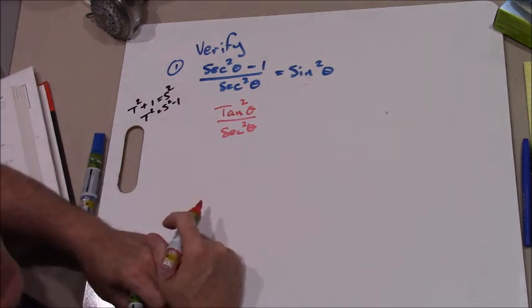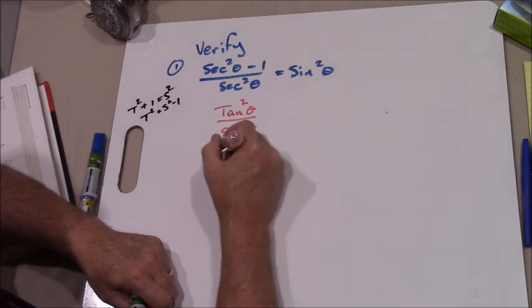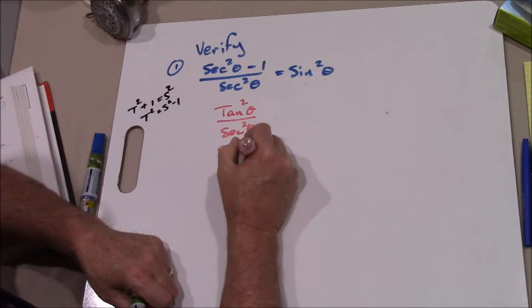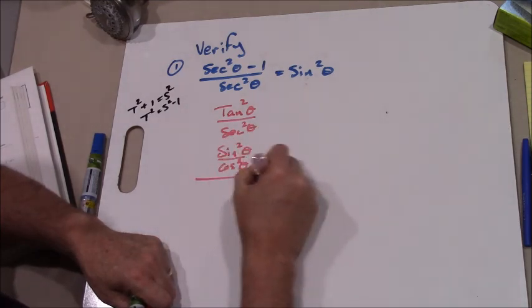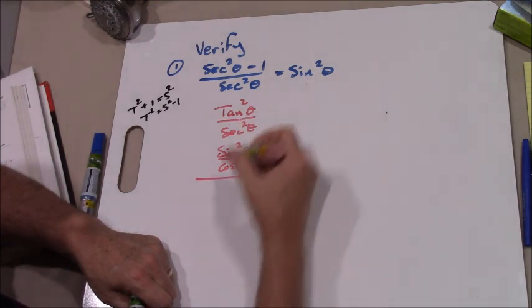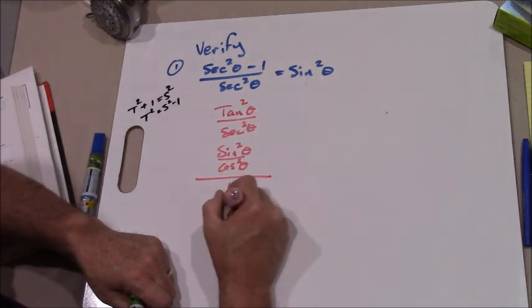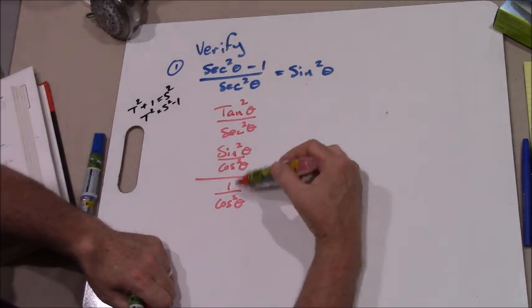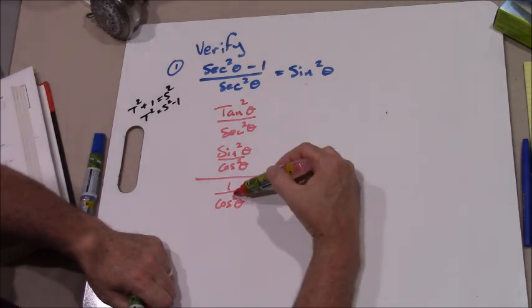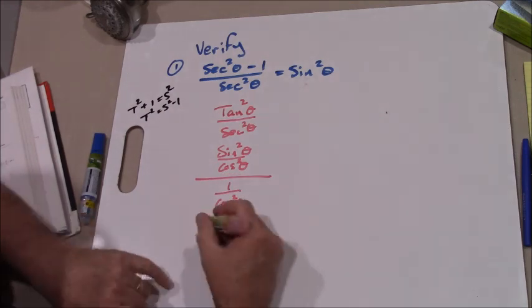And so now I'm kind of stuck, so I guess I'll go to sines and cosines. So a tangent would be sine over cosine. So that becomes sine squared theta over cosine squared theta. A secant squared is 1 over a cosine squared theta. And so now I'm doing a fraction divided by a fraction, which means I want to multiply by the reciprocal.